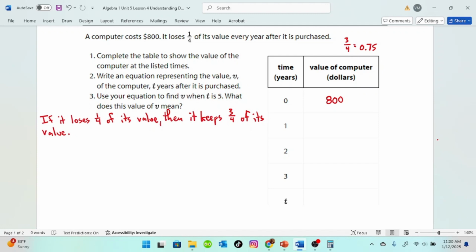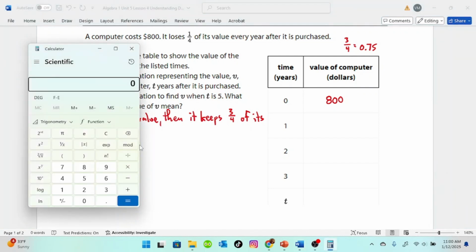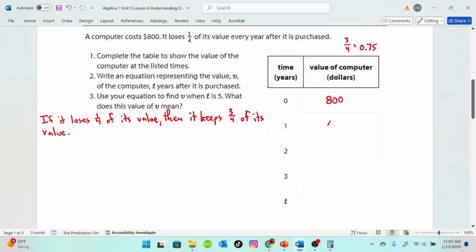So we're going to take a calculator and we'll say 800 times 0.75, and that equals 600. So that means after 1 year, it still has $600 of value.